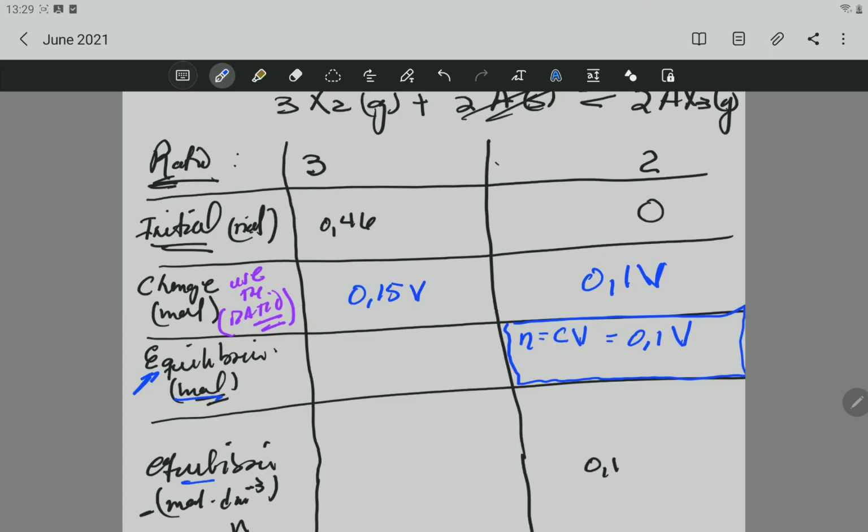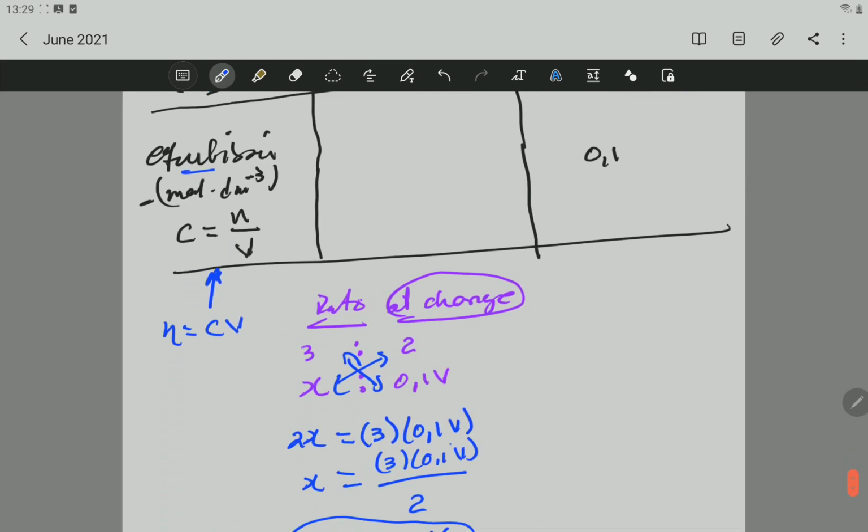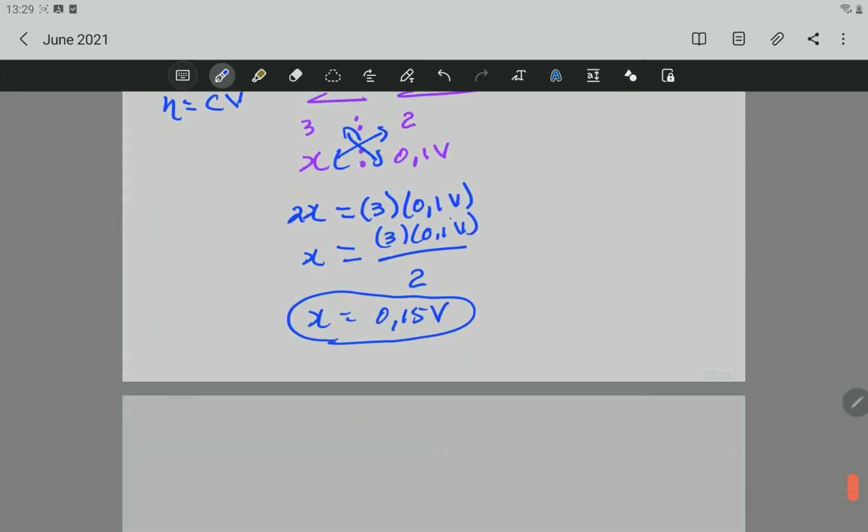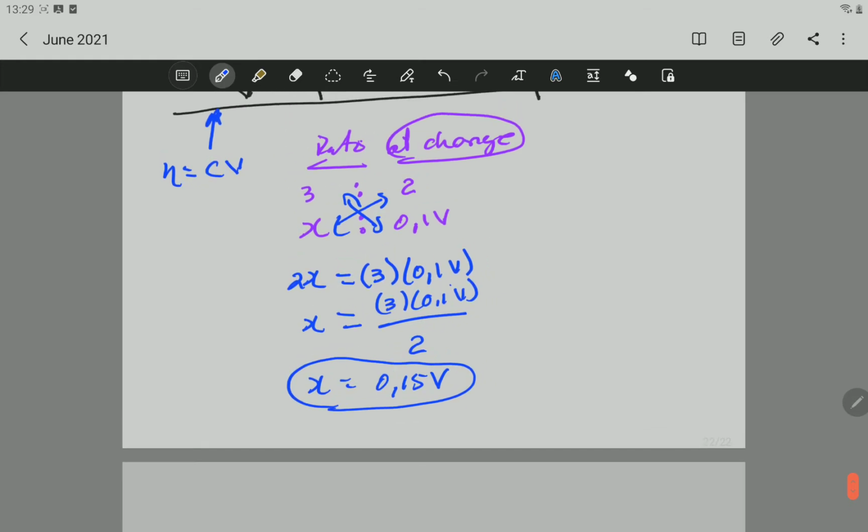How did I get the 0,15 V? By using the ratio. The ratio is 3:2, given at the beginning of the table, and you can only use the ratio at the change. You cannot use it at the initial, you cannot use it at equilibrium. You can only use it at the change. So 3:2 means that 0,3 V is going to be converted into 0,15. Here is how to use the ratio.